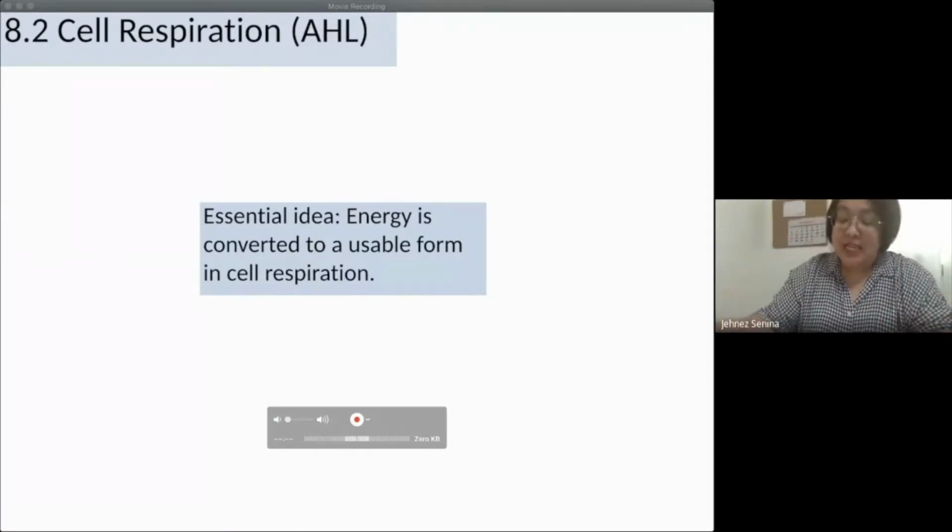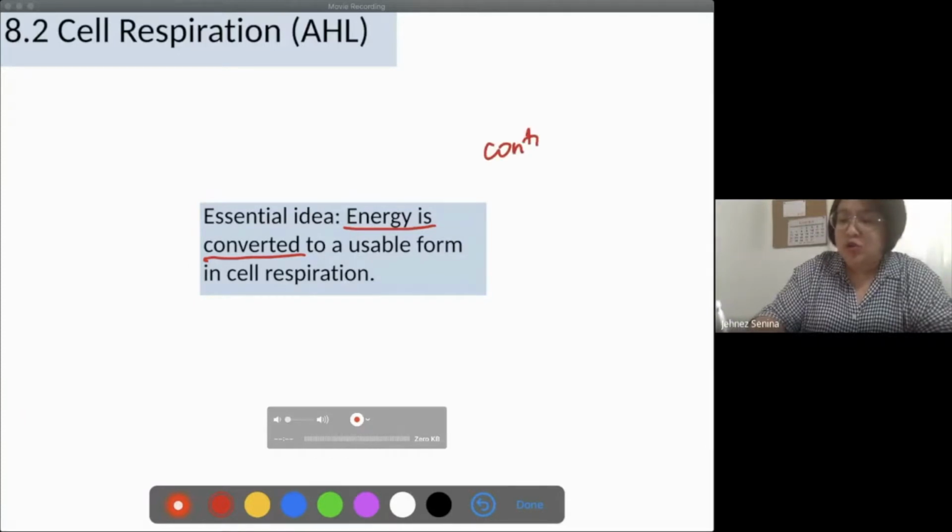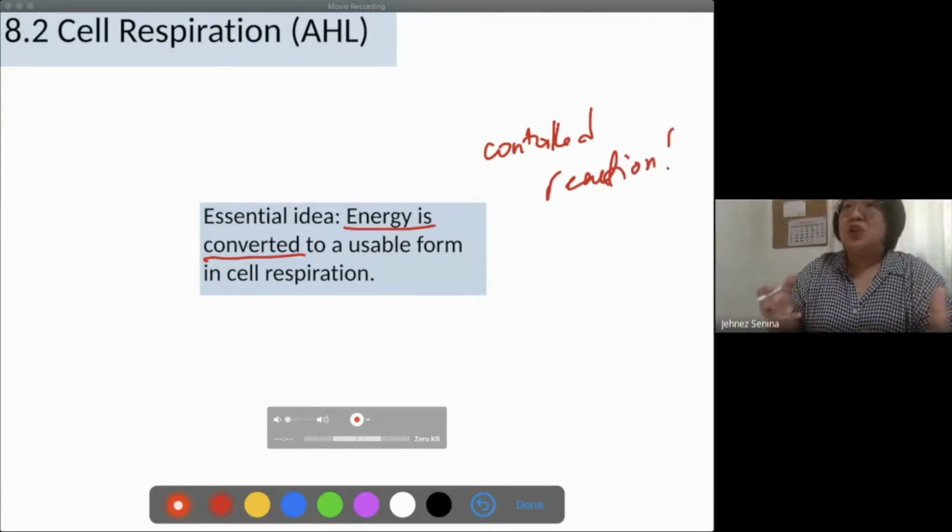The big idea is energy is converted to a usable form. So it's energy conversion. If you remember with the SLs, I said it's a controlled reaction. Why is this important? Because when you burn sugar, there's a lot of energy. It's going to be very exothermic.